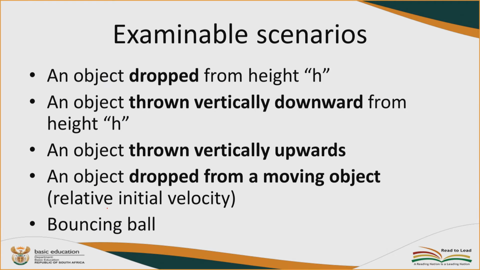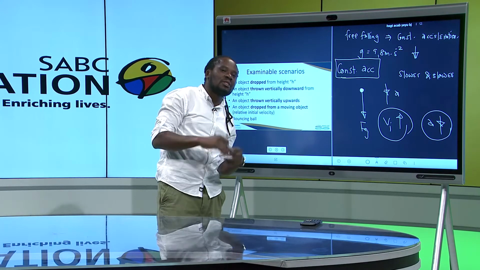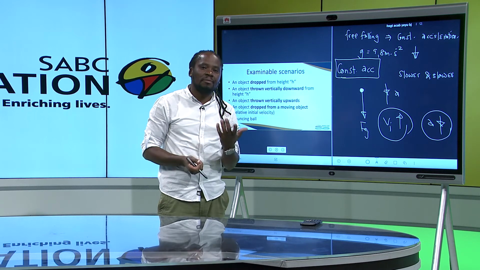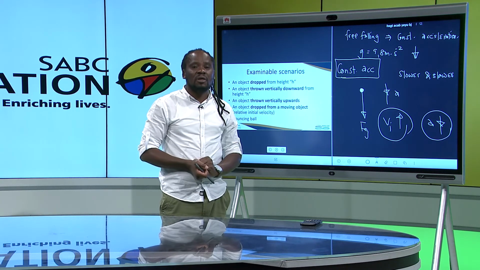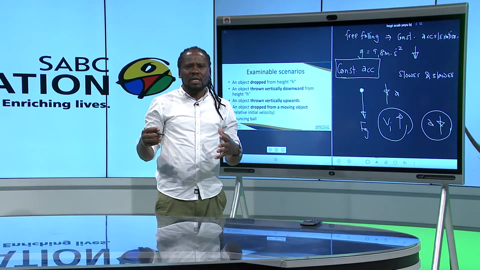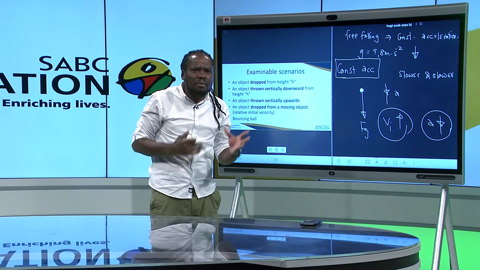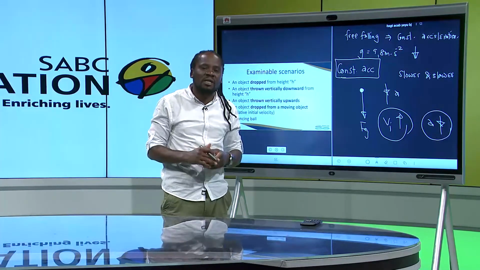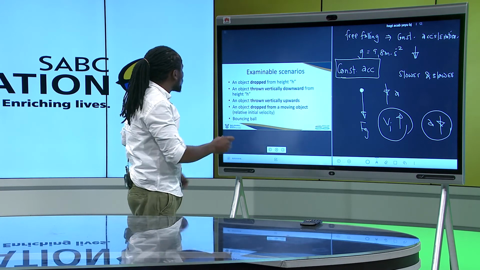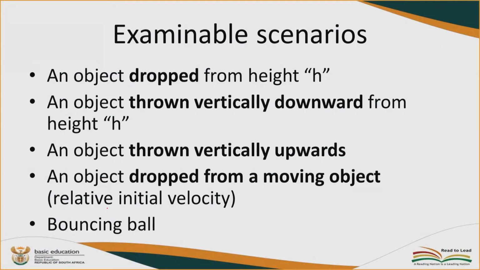These are not all the scenarios that will be examinable at the end of the year. It goes beyond this, but these give us a basic understanding of what exactly freefall entails. So the examinable scenarios will be an object that is dropped from some height. We've looked at that. Or it could be an object thrown vertically downwards. We have also looked at the trajectory thereof.